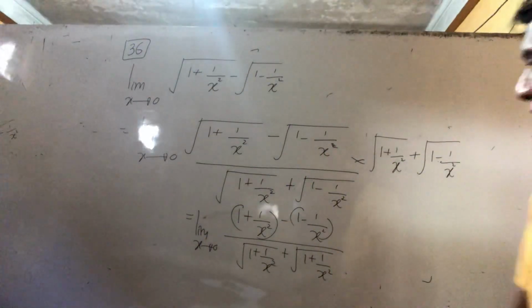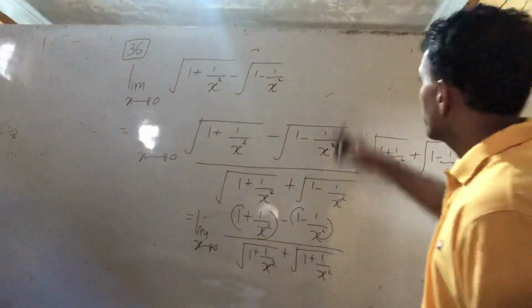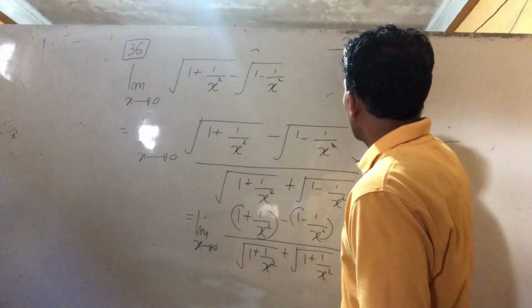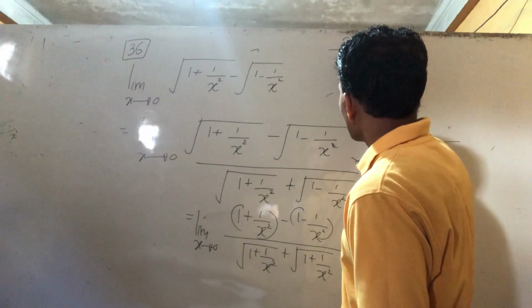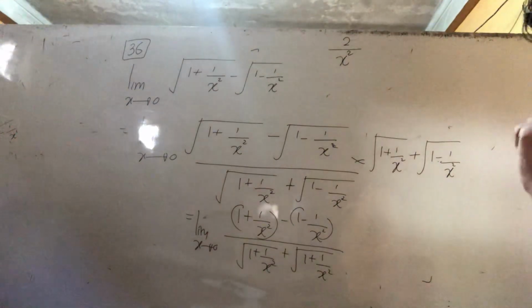Then what happened? In the numerator, see, the 1 cancels. That is 2 over x square. The 1 cancels, 2 over x square.